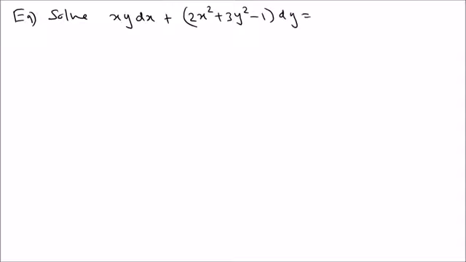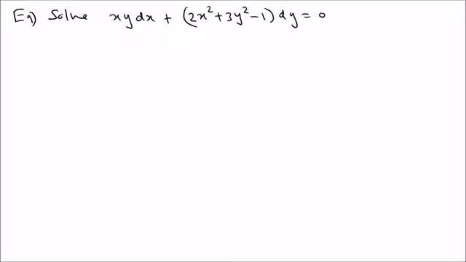Good. So let's solve this problem. Solve xy dx plus (2x squared plus 3y squared minus 1) dy equals 0.